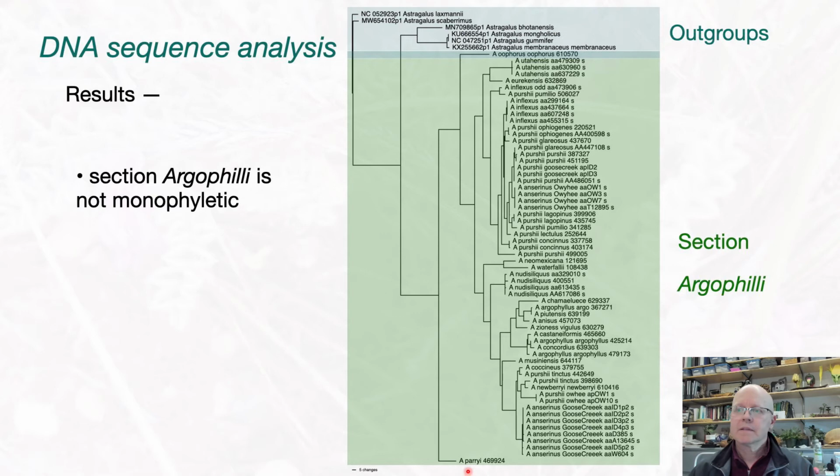But what we found is that Astragalus pehrii from section Argophyllae is actually sister to the rest of our samples, including Astragalus oophorus, which makes section Argophyllae not monophyletic. This is perhaps not too surprising since Barneby's classification is based largely on intuition, but you have to start somewhere, and in the absence of phylogeny, we use previous classifications as a proxy for that phylogeny.